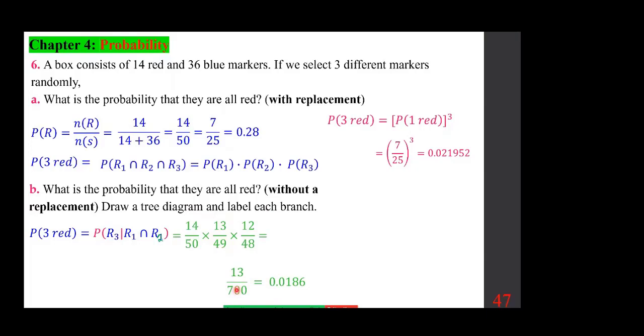And reduction gives you that, because obviously you can see 14 and 49 cancel each other. This gives you 2, this gives you 7. 12 and 48 cancel each other, 1 and 4. And then there is one more number that you can cancel, because this was 2 with 48, and you come up with 13/700 precisely. It's very simple. Do the reduction of these fractions. Again, as an example, it's easier to see.